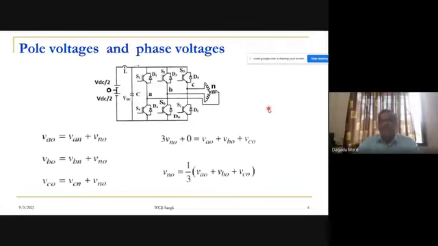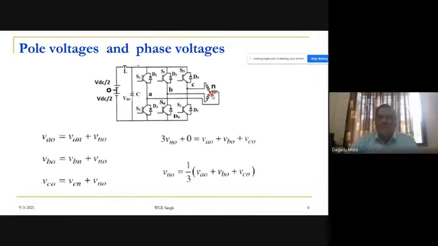With this, now we can go for the relationship between the pole voltage and the phase voltage. Pole voltage is fixed: either plus VDC by 2 or minus VDC by 2, depending upon whether the upper switch or the lower switch is on. This is the inverter, same diagram we have taken, with a neutral point. We have connected a star connected load, assume an RL load or a resistive load.